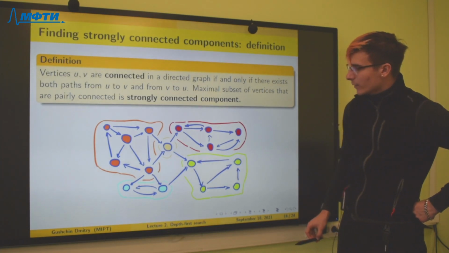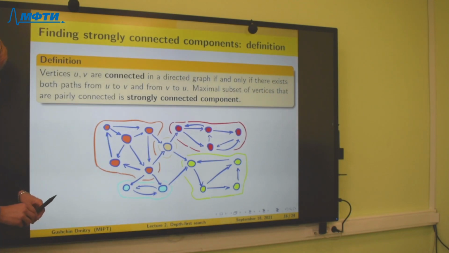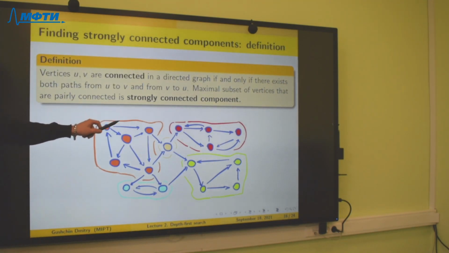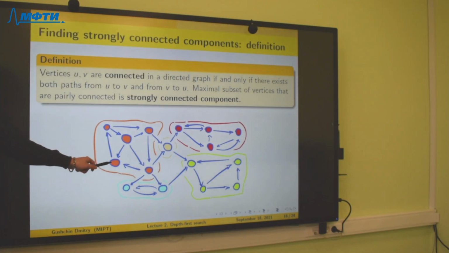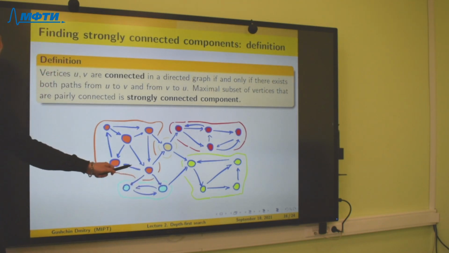And if we take vertices from different strongly connected components, for example vertex A and vertex B, then there are two cases.